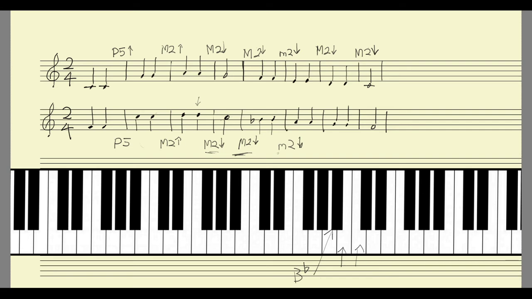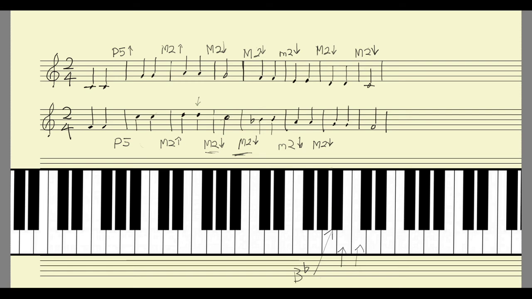That is a second with 1 half step, so that is a minor second. So far so good. Then we need another major second down. A to G. That is a second, A1, G2. And it is a major second because A0, A flat 1, G2. We have 2 half steps.